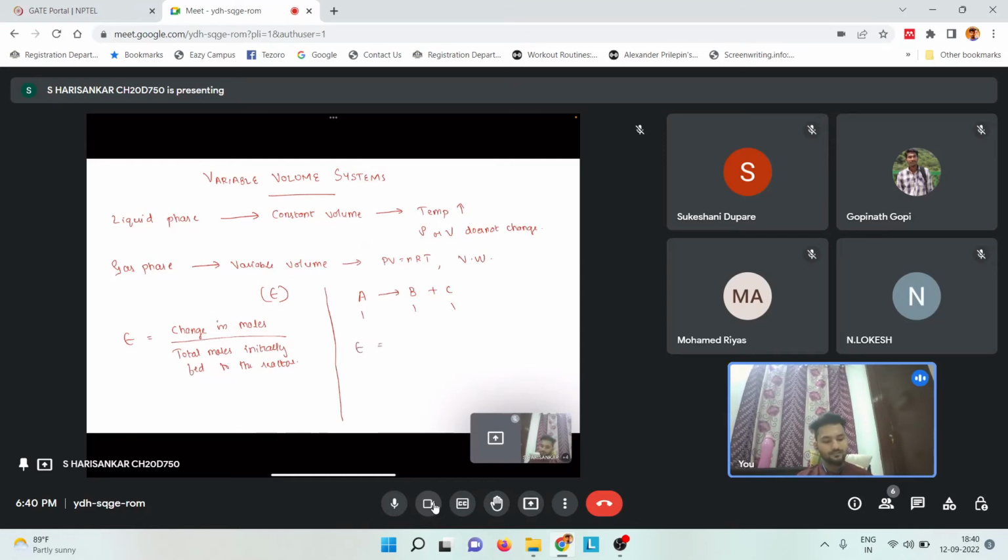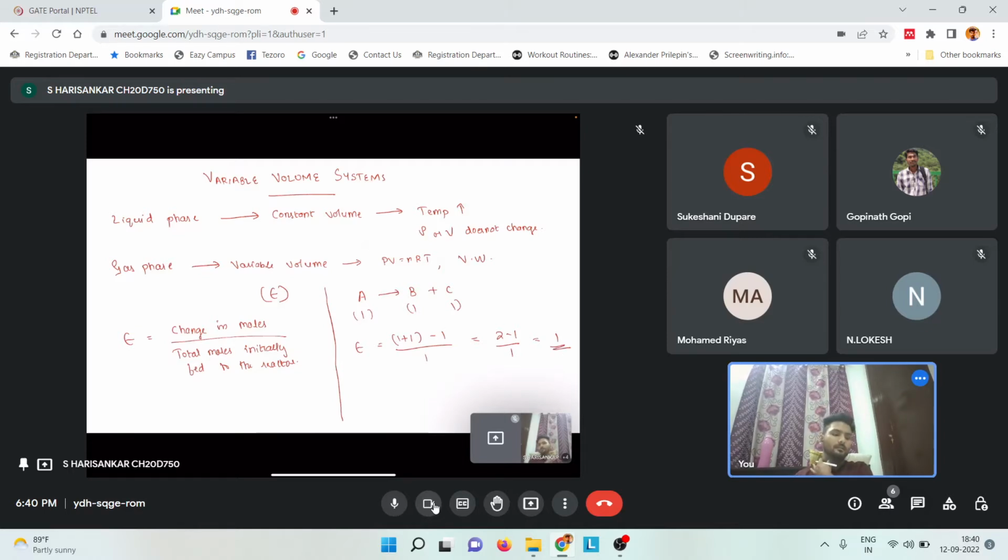When we say change in moles, it is basically the difference between the total moles of product, which is 1 plus 1, minus the total moles of reactant, and that is 1. So this is 1 plus 1 minus 1, divided by the total moles initially fed to the reactor, and that is just pure A, which is 1 mole. So this is basically 2 minus 1 by 1, and that is 1.